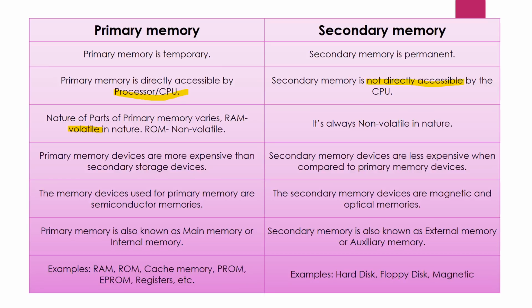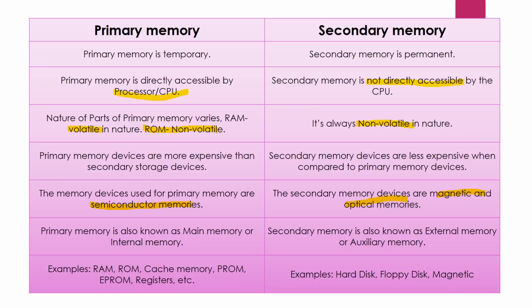So ROM is non-volatile memory, and secondary is also non-volatile memory. All types of secondary storage are naturally non-volatile. Then primary memory is expensive, secondary memory is less expensive, and primary memory is used for semiconductor memories, while secondary is used for magnetic and optical memories.